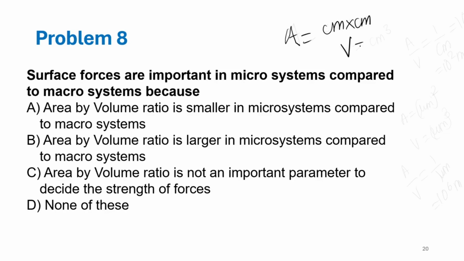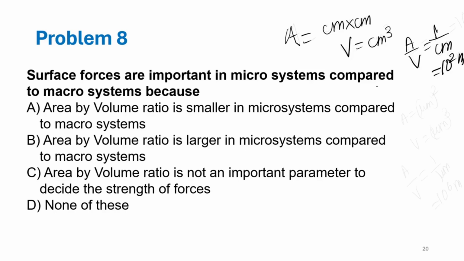Then volume V is centimeter cube. If we take the ratio, then A by V will be 1 by centimeter, right? 1 by centimeter is 10 power 2 per meter.